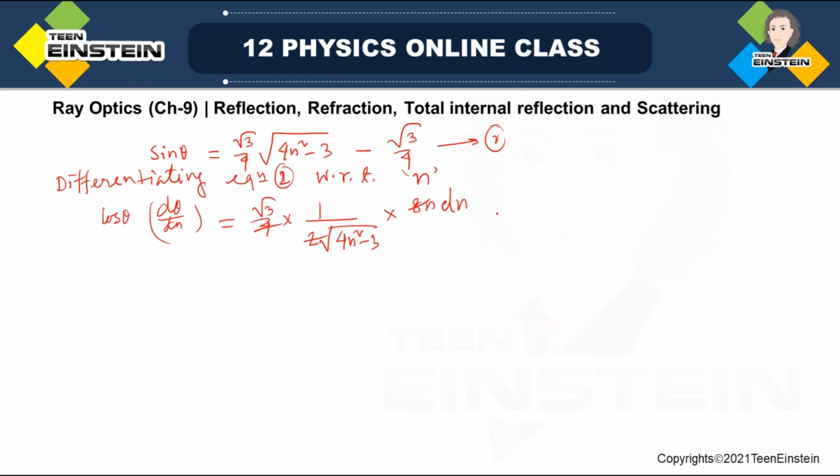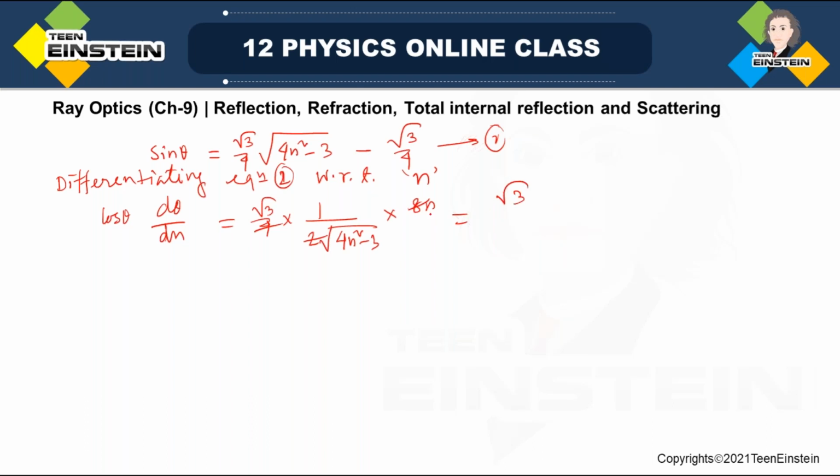And look, this is then root 3n dn. Okay, cos theta d theta I should write, or I can just do this also, doesn't matter, we can just write this. So what do we get from here?